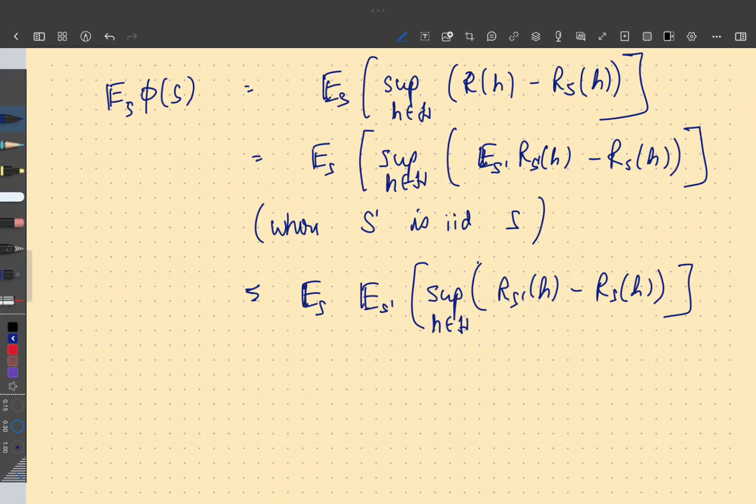Fine. Okay, so now I'm going to play around with the quantity inside the expectation. Let me expand out rs of h and rs prime of h.